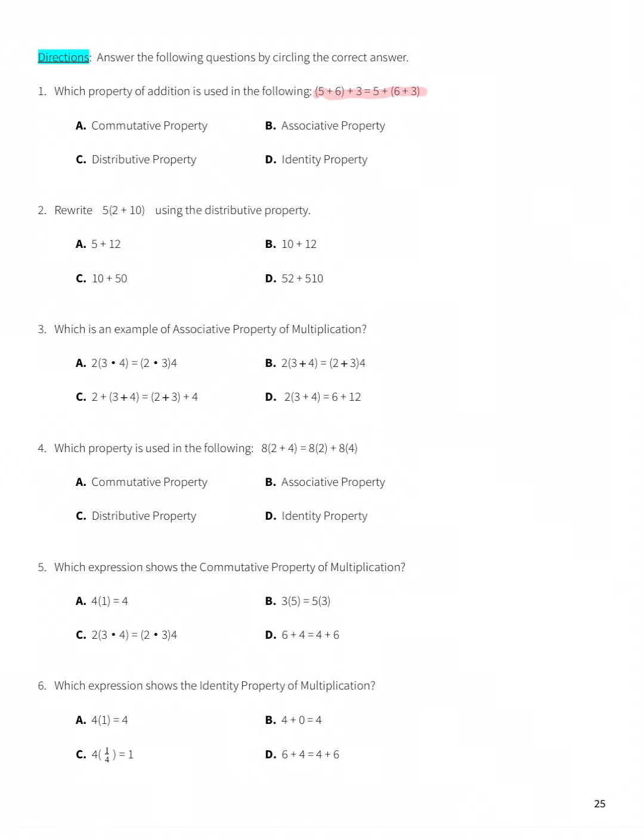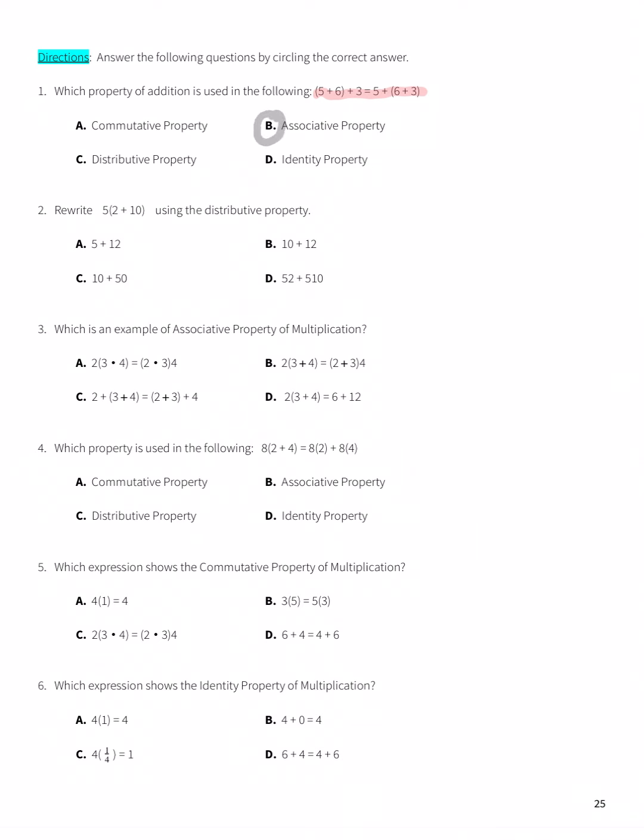Well, I can see that it's the same exact numbers on both sides. It's adding, and the only thing that changes is the way the numbers are grouped. Well, grouped refers to associative, so it is the associative property. So what your job would be then would be to circle associative property.